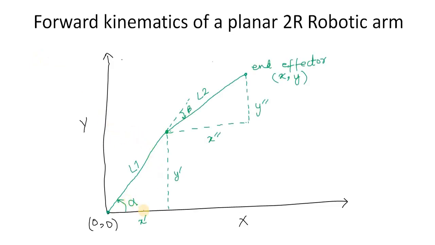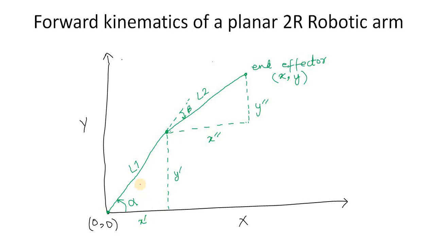So our x dash we can calculate using the length L1 and the angle alpha, cos alpha. So this is x dash, and this is angle alpha.